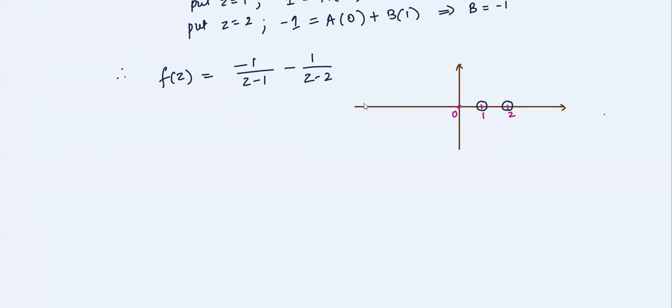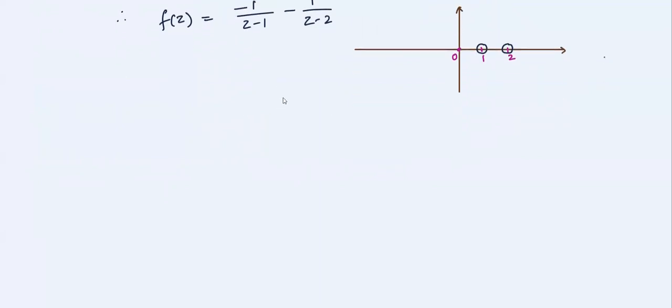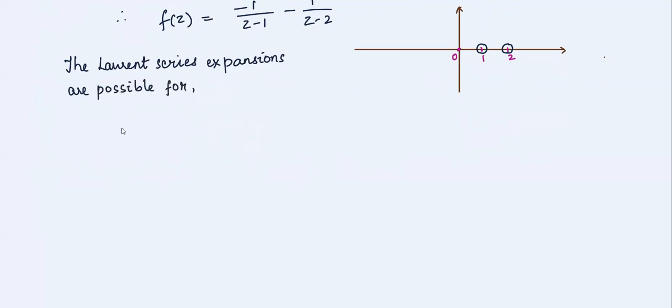So for the Laurent series expansion, the possible expansions are these. First one, modulus of z lies between 0 and 1.